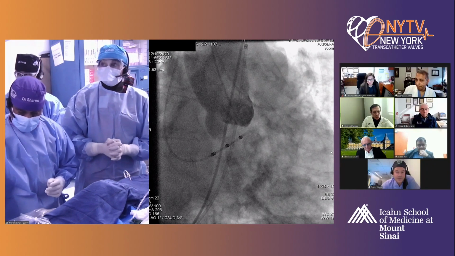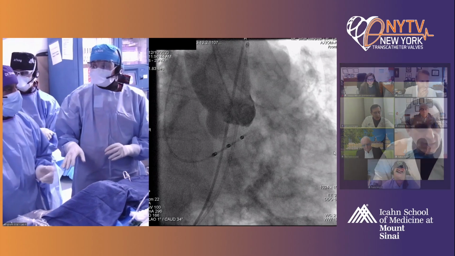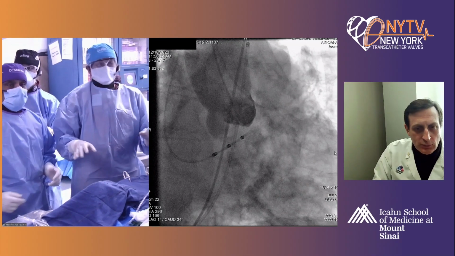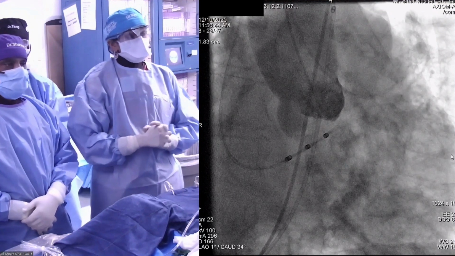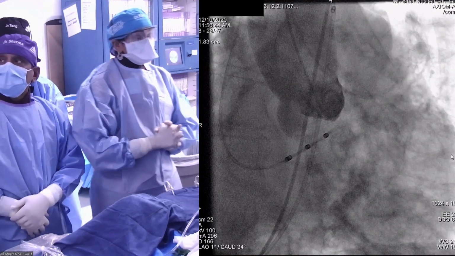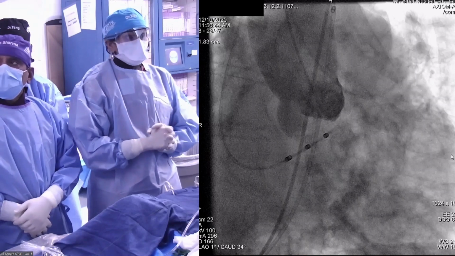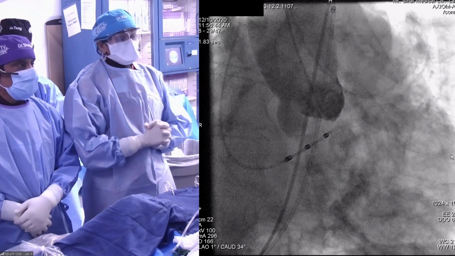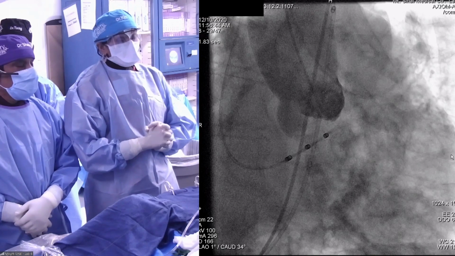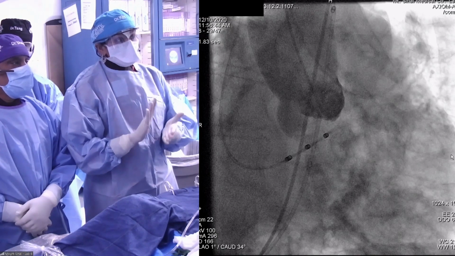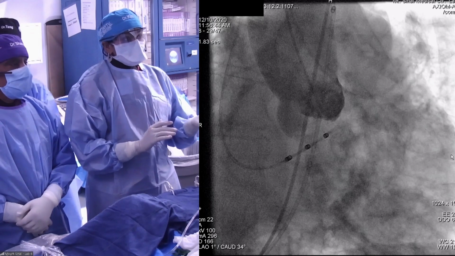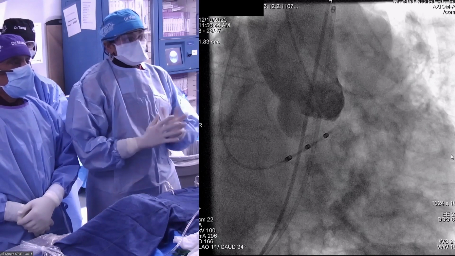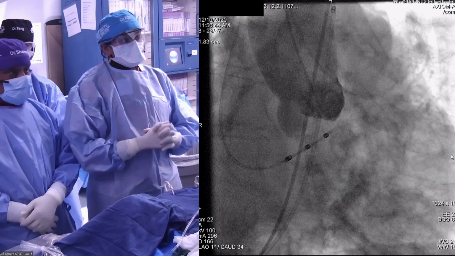Great. Let's proceed on how to use it practically, Dr. Keating, Dr. Sharon. Yeah, so let me explain to you. You take the angiogram to see this cusp overlap view. I think you can see that the catheter is actually in the right cusp. What you see here is the right and the left cusp overlapping with each other, and the non-coronary is seen without the pigtail. We also know the non-coronary cusp is the lowest.